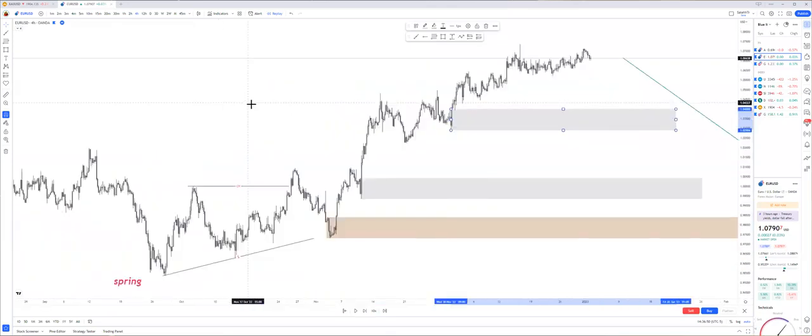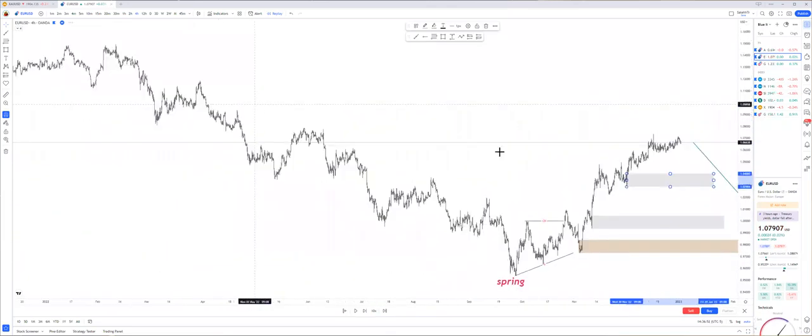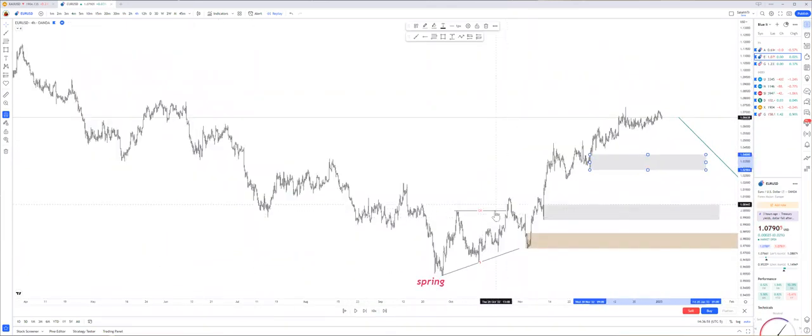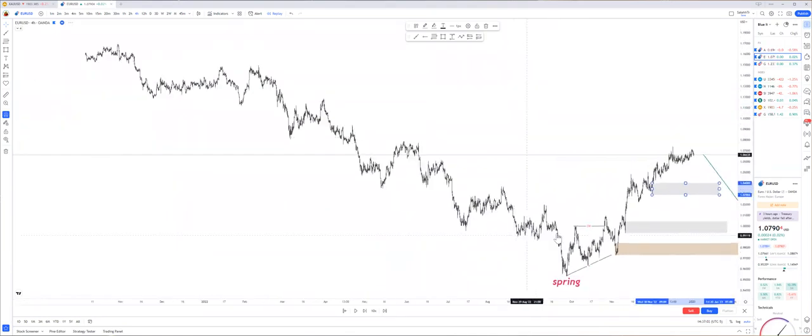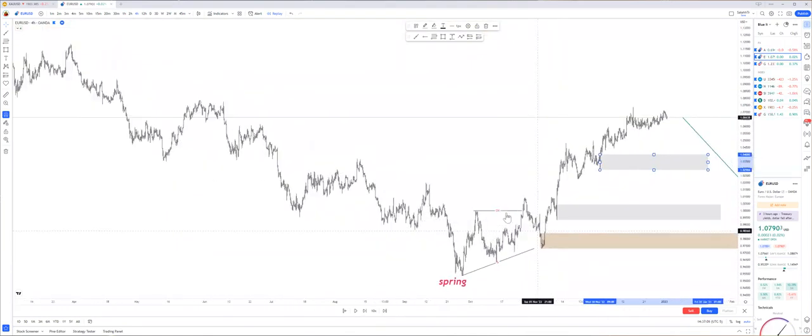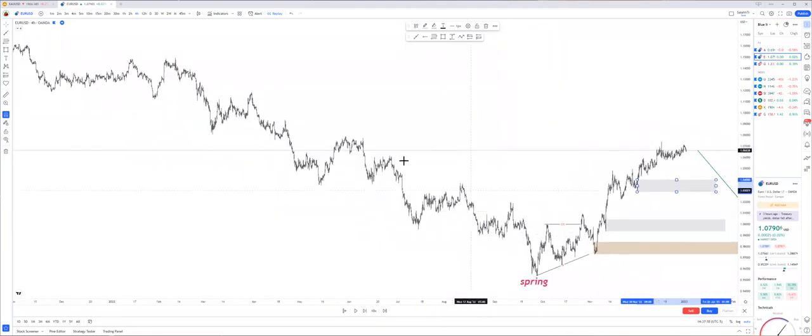All right, so we're on the 4 hour now. So since this change of character, I would only be looking for buys mostly. I wouldn't be looking for sells, even though we're in a downtrend. Why? Because when that change of character happens, especially on a higher time frame, all of these supply zones are now targeted.